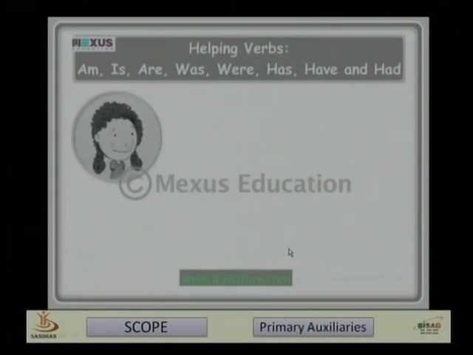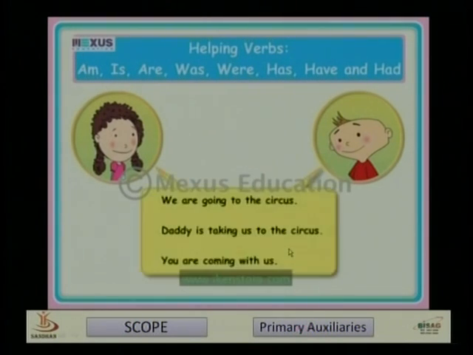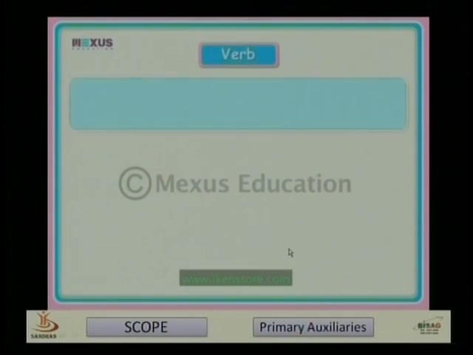We just saw Zizi and Fleck talk about their plans for the circus. They spoke about what they'd like to do at the circus. They used words such as going, taking, coming to refer to the actions that were taking place. These words are called verbs.